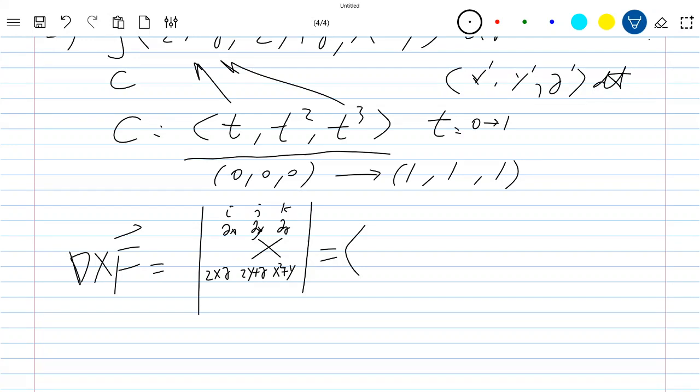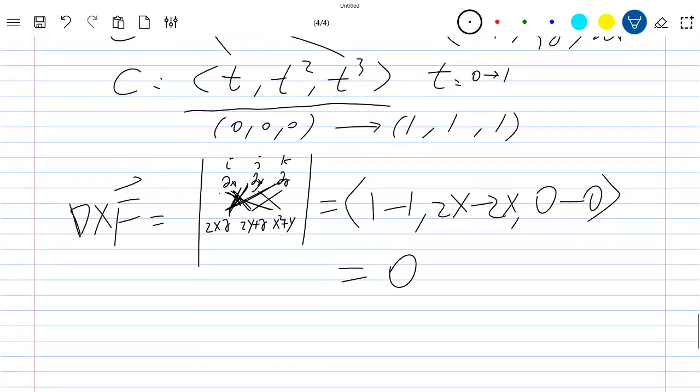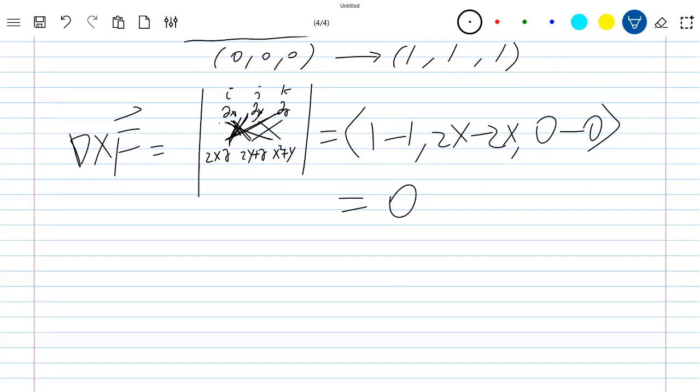The derivative over y and the derivative over z is 1, gone. And this derivative is 2x minus this derivative, which is also 2x. And for the last one, this derivative is 0, and that derivative is also 0. So it's 0. That's great. So it is a conservative field.